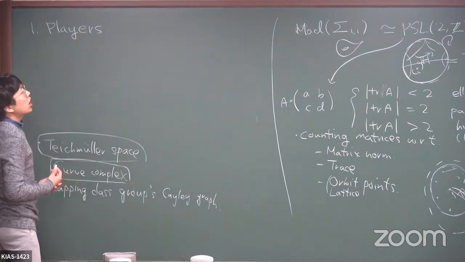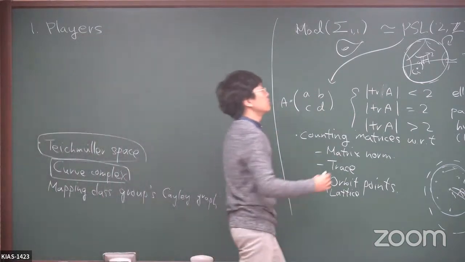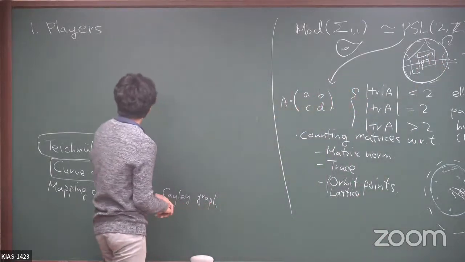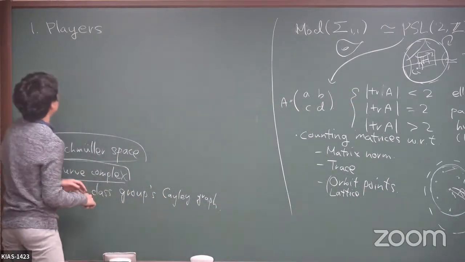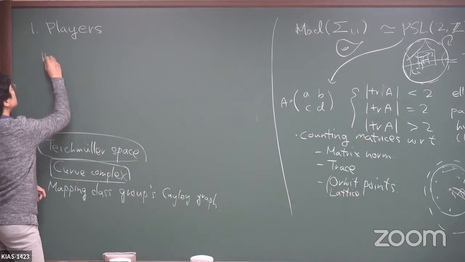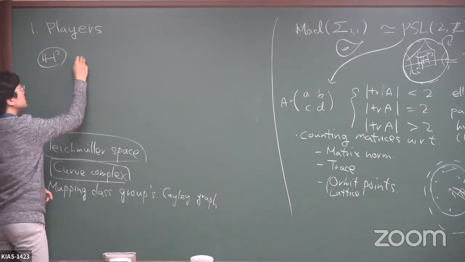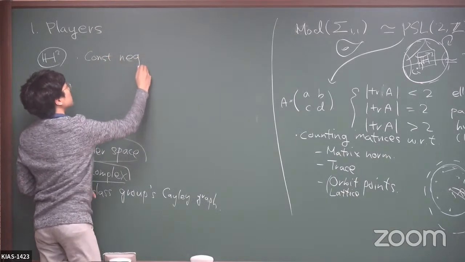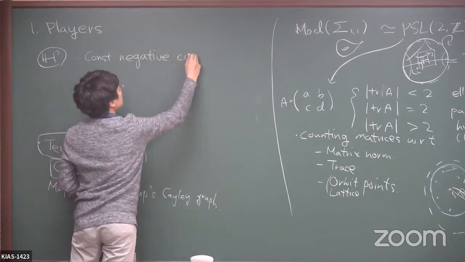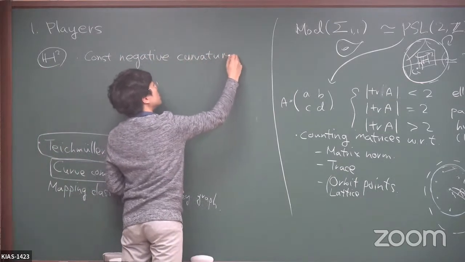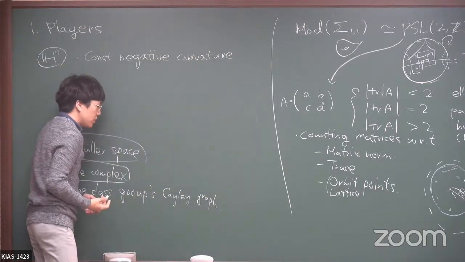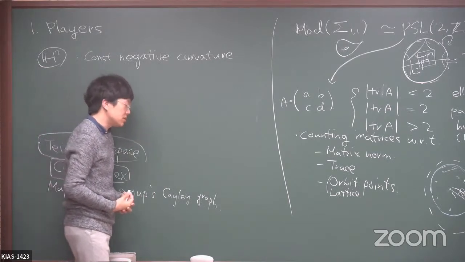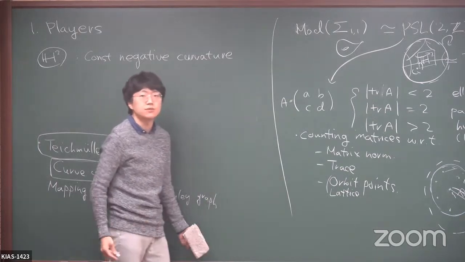So for the simplest case, we knew which space this group acts on: H2, which is classical. And H2 is great because it has constant negative curvature. If you're a dynamicist observing dynamics on a constant negative curvature manifold, then it's great because you can just make use of hyperbolic dynamics.